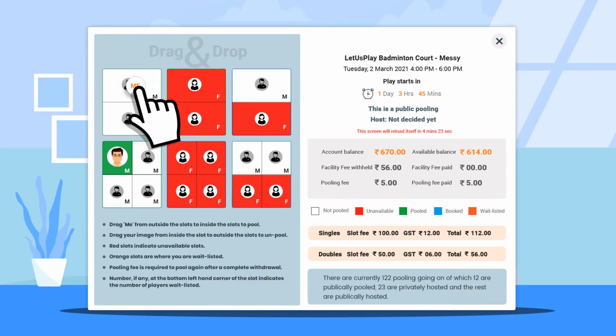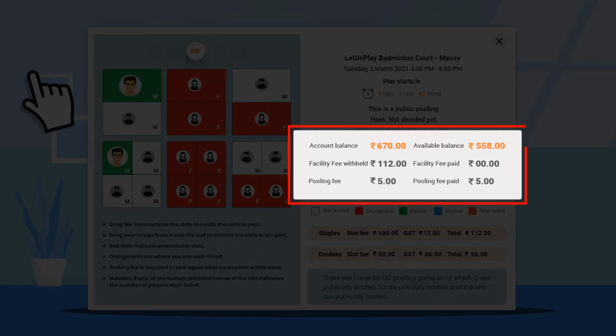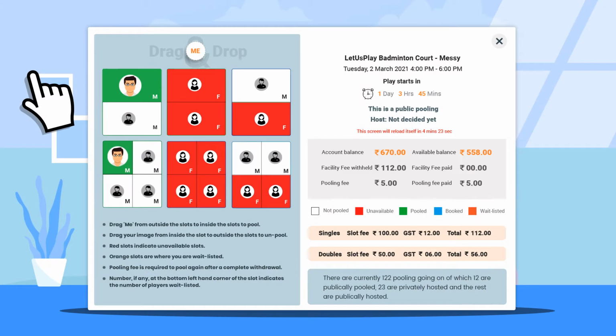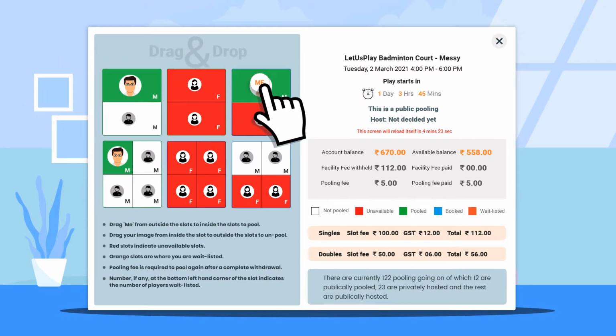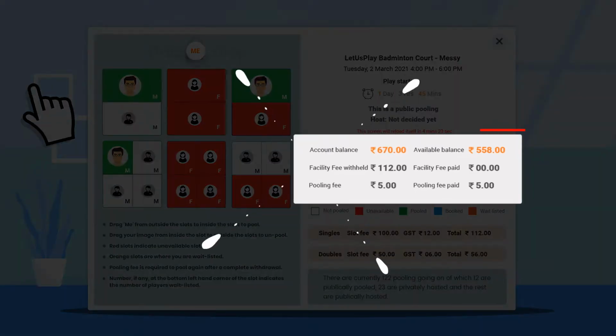Now, he wants to pool for the non-mixed singles also. Since he is now pooled in singles, his share of the facility fee is increased. He also wants to try out for the mixed singles, so he pooled in the third box too. Since he has already pooled in singles, no more of his money is withheld.